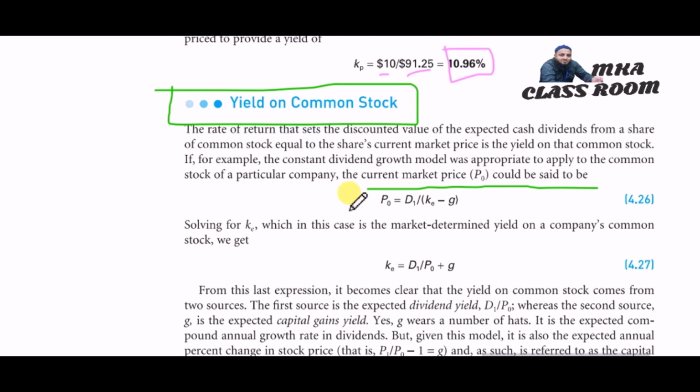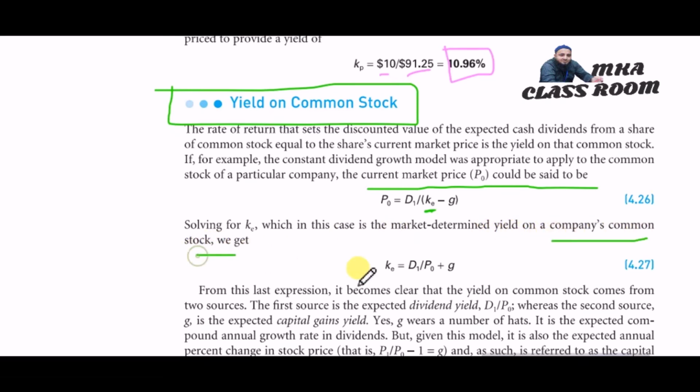That formula can be solved for the required rate of return. If we use it, we can find the value of KE, the required rate of return, which in this case is the market determined yield on a company's common stock.